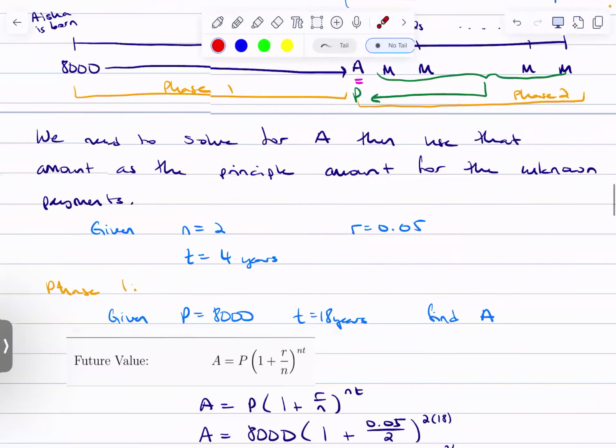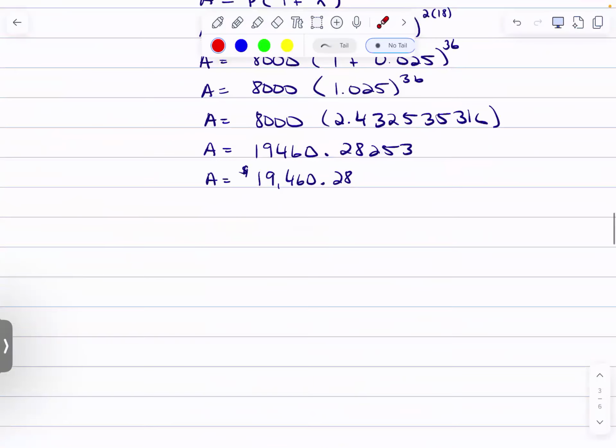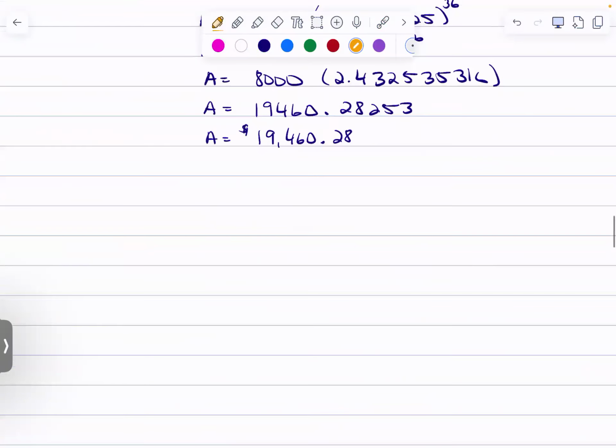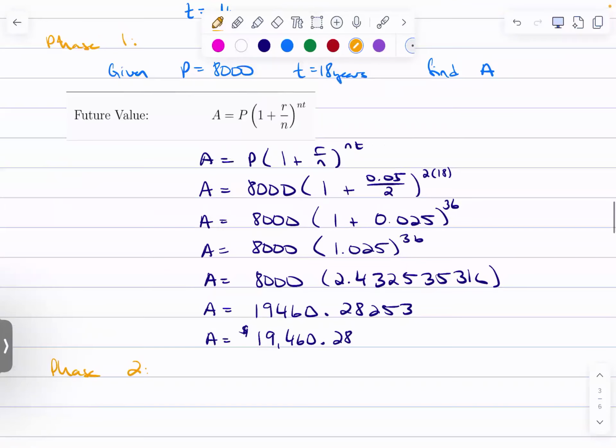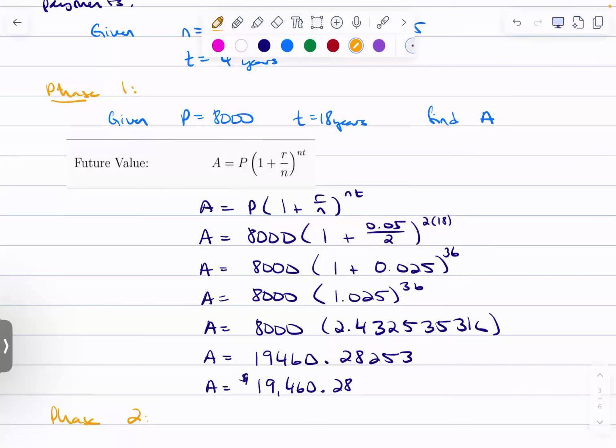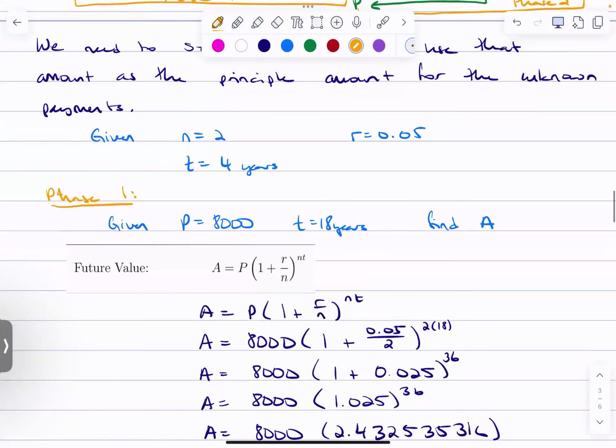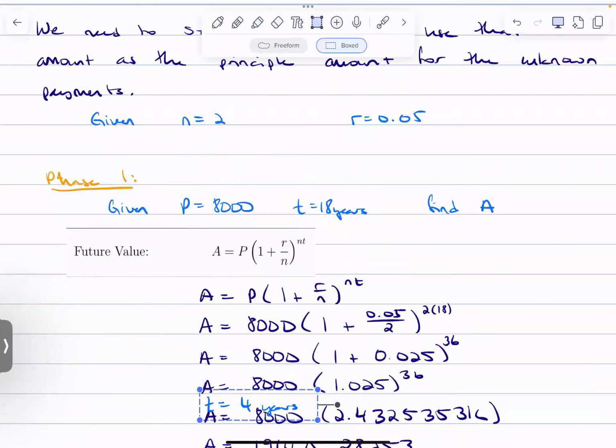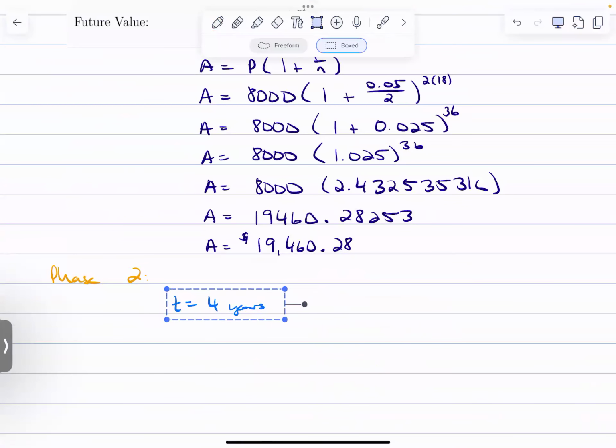So now, moving on to phase 2. Oh, and I should move this down actually, because this is for phase 2.